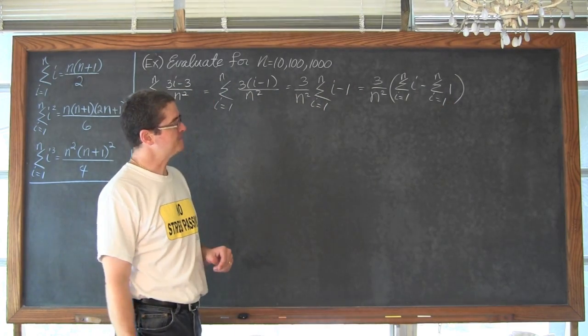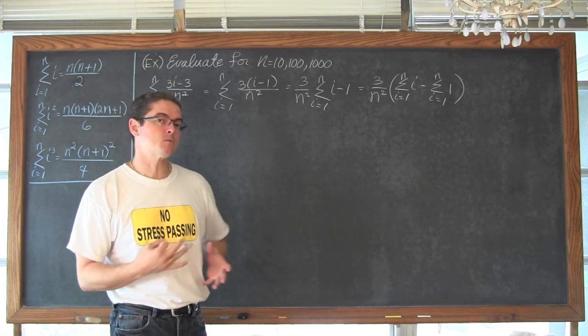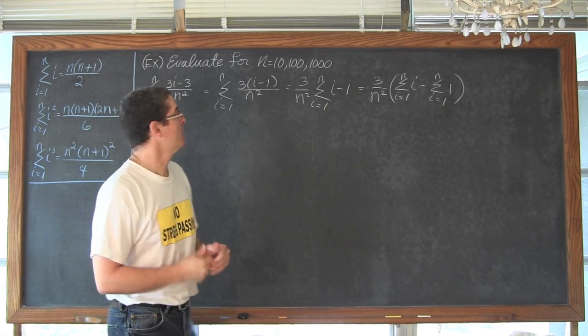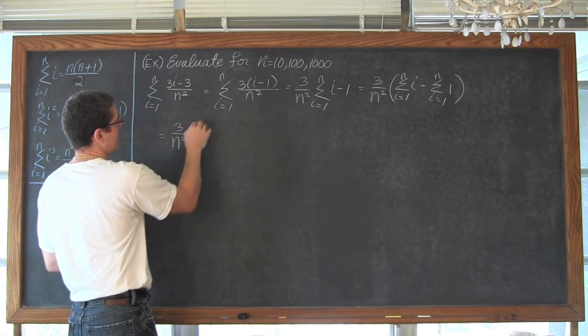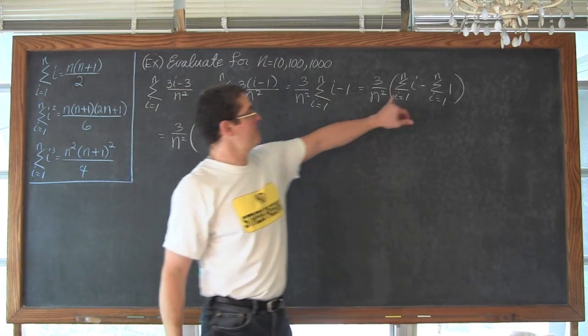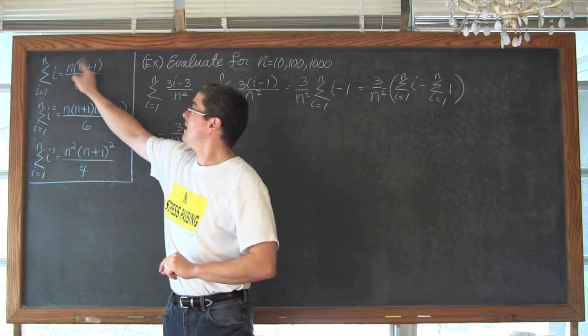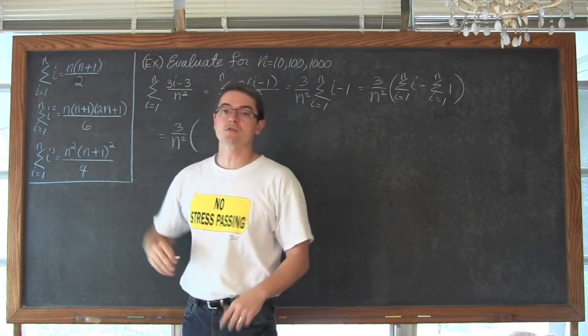Okay, now we are ready to start writing this without the summation notation. We have 3 over n squared in the front, and the summation as i goes from 1 to n of i is equal to the upper limit, which is n for our problem, so n times (n plus 1) over 2.